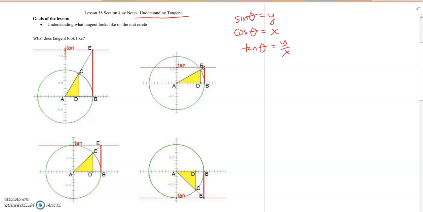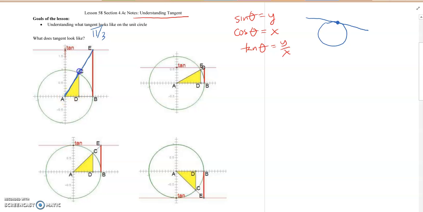If you recall from your geometry days, a tangent is a line that intersects the circle at exactly one point. So if we take an angle, here's our angle, that's a 60-degree reference, or pi over 3.